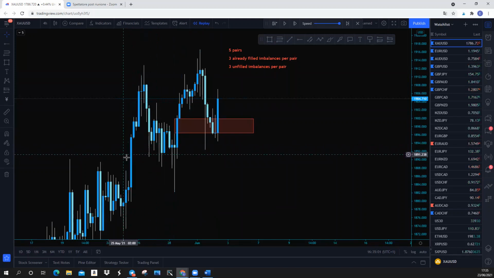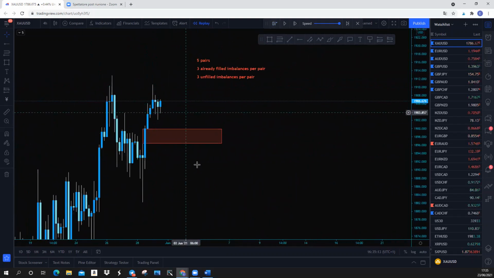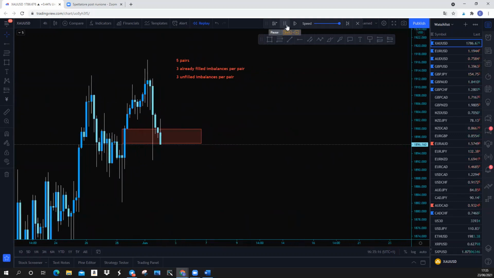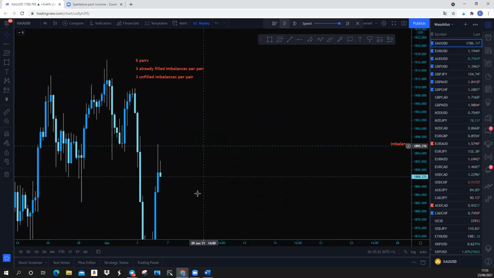This one? Is filled, right? Yes, this move filled the imbalance. Okay, just to confirm. Thank you. Yes. And here the same. Here we had imbalance, and we came back to fill it. Fill the imbalance right here, as you can see. Therefore, this is filled, and we are leaving behind more.